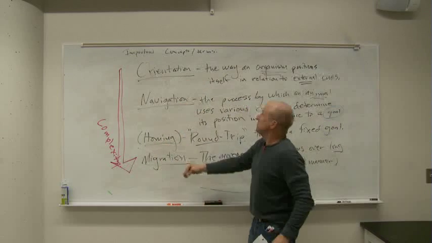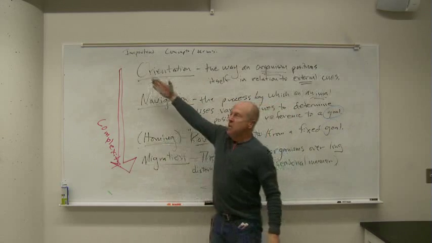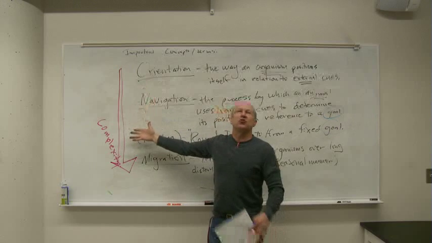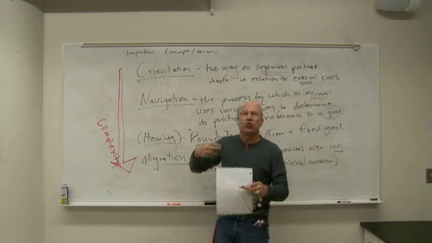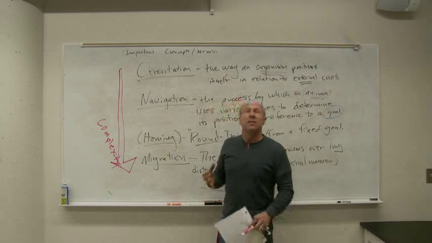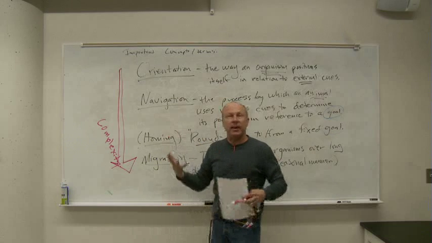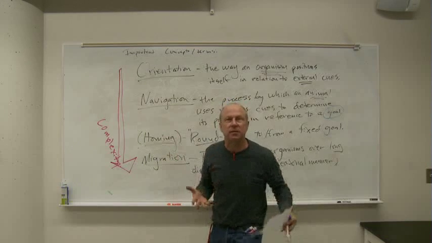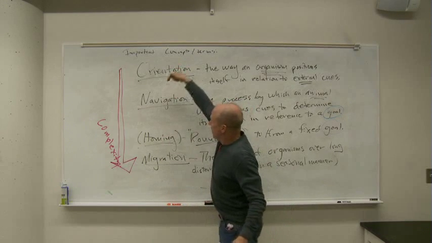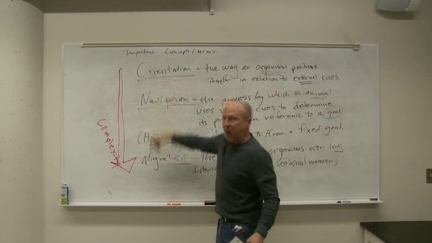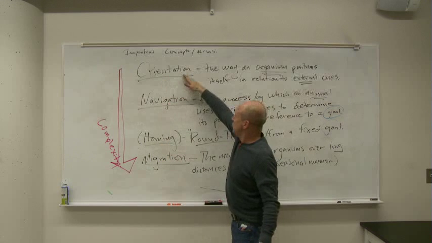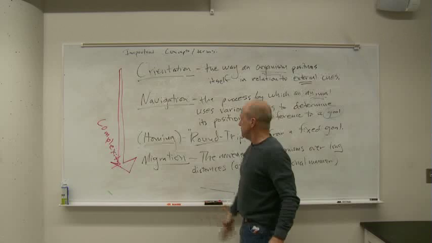It's more complex. That means at all levels. More central nervous system machinery, more circuits, more sensors, the ability of modification, learning, plasticity. All of this stuff kind of increases as we go down the chart from simple orientations, navigation, homing, migration.